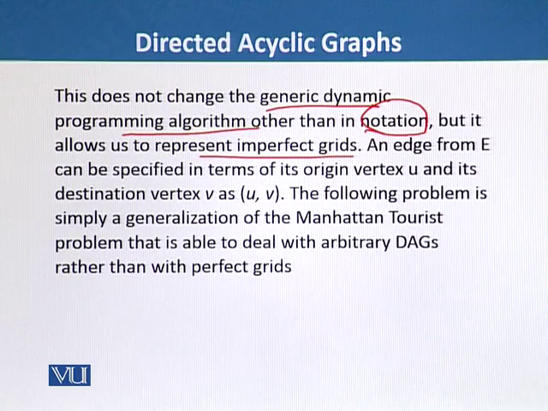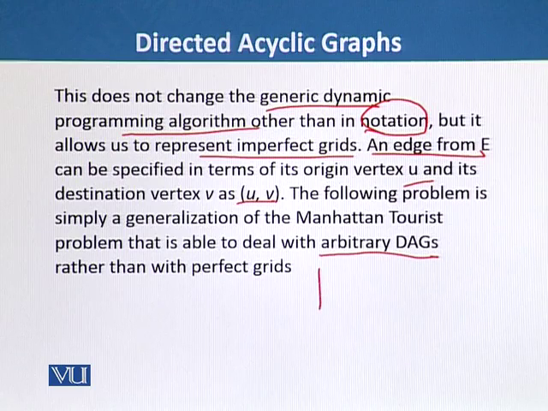As we have seen, when the road crosses the grid, there will be imperfect blocks. An edge from E can be specified in terms of its origin vertex U and its destination vertex V, as (U, V). The following problem is simply a generalization of the Manhattan tourist problem that is able to deal with arbitrary DAGs rather than with perfect grids.